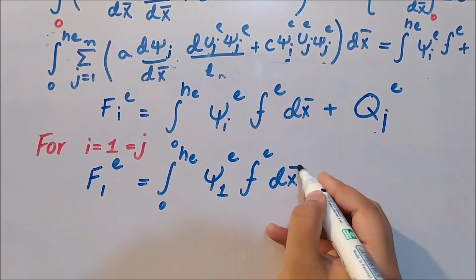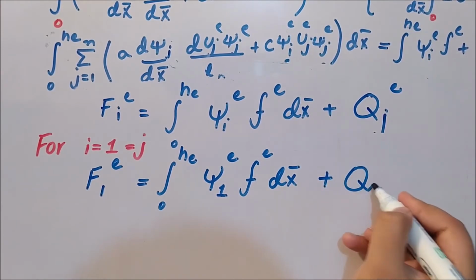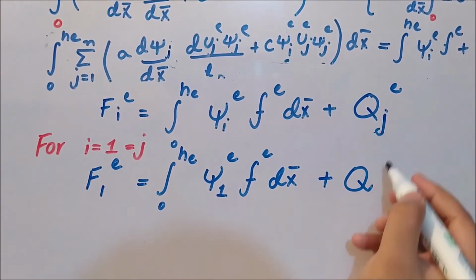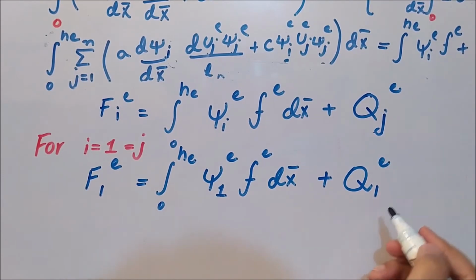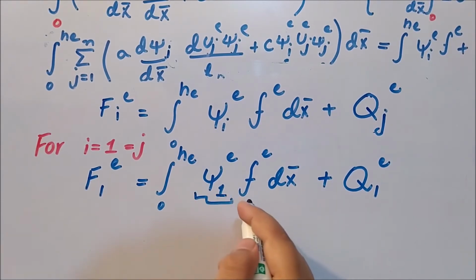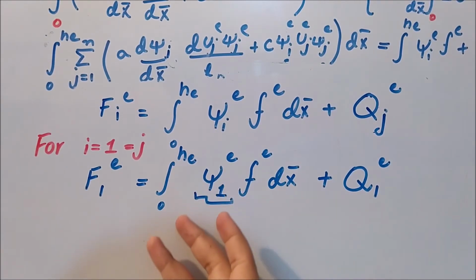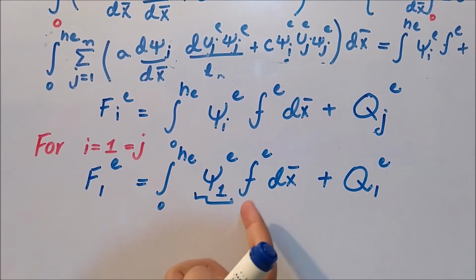This shape function is distributed over the whole element, plus this is the external load, because this is Qj, so Q1 of the eth element. We know the value of psi1 that we derived in our previous videos, the linear shape function in the local coordinate system.